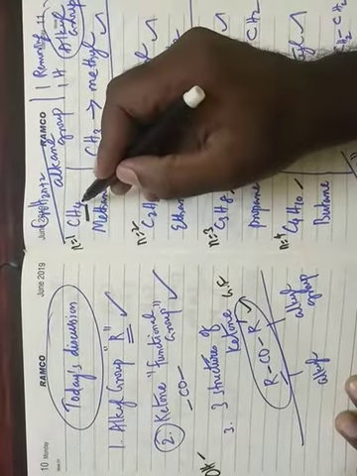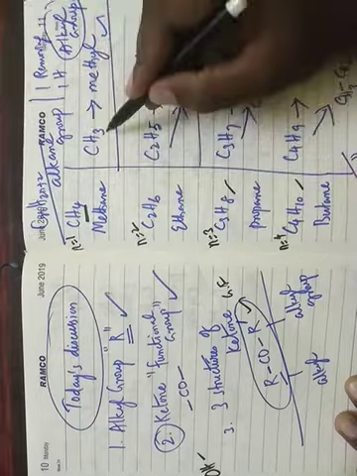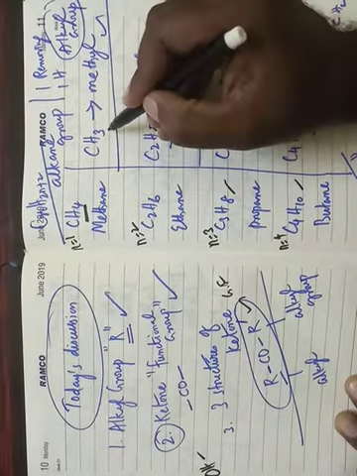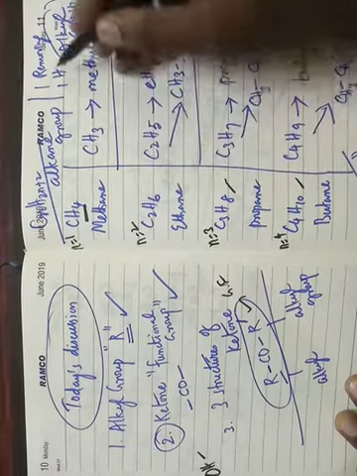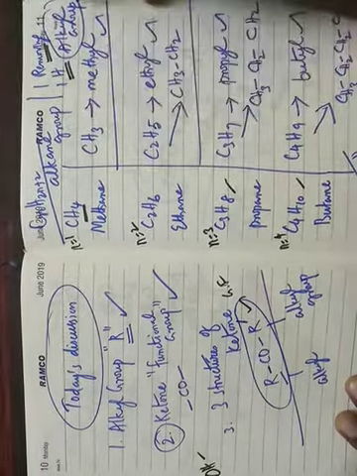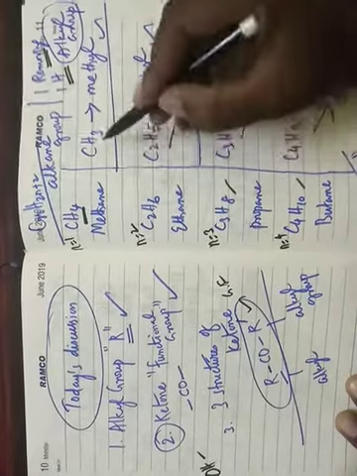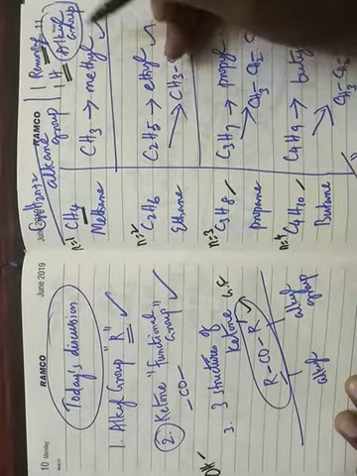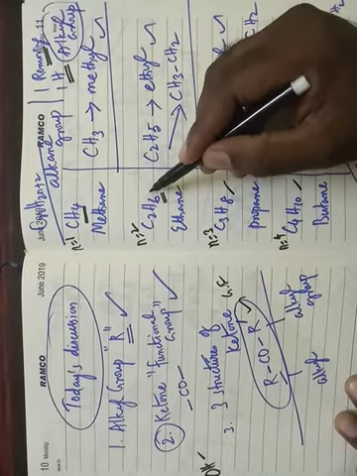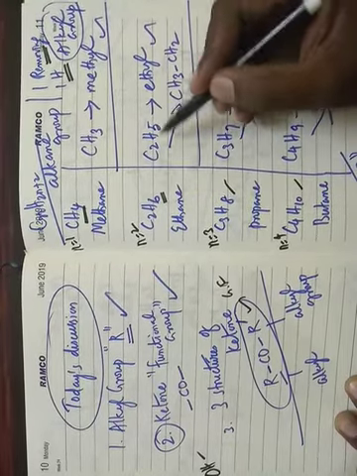By removing one hydrogen, methane will become methyl, CH3. CH4 has become CH3 by removing one hydrogen, as I wrote here. The alkane group has become an alkyl group. Methane has become methyl. So ethane, C2H6, on removing one hydrogen will become C2H5.